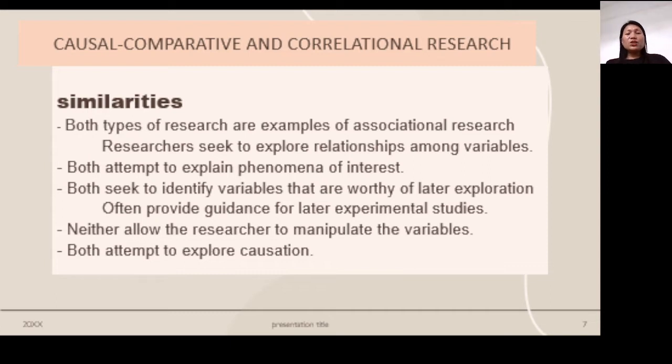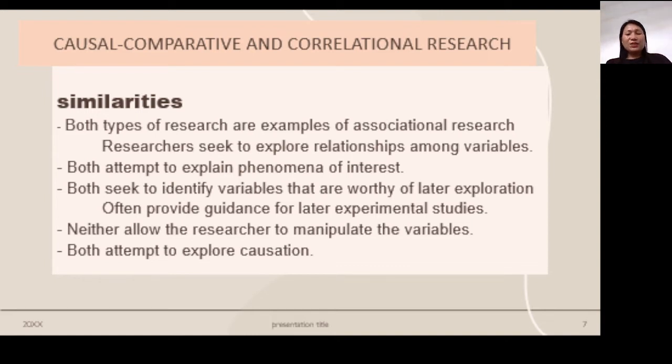Comparing it to correlational research, both forms of research study the relationships between variables. But in causal comparative research, the researcher has to explore which variable serves as the cause or causes of the difference between the compared groups and also which one is being affected.